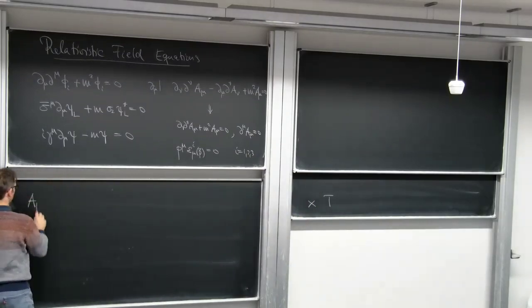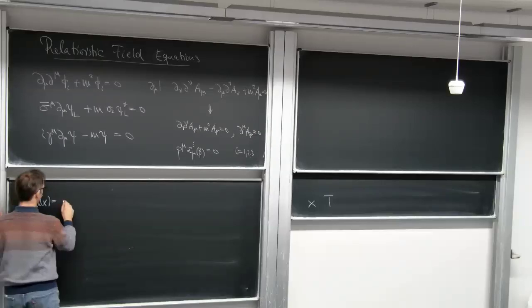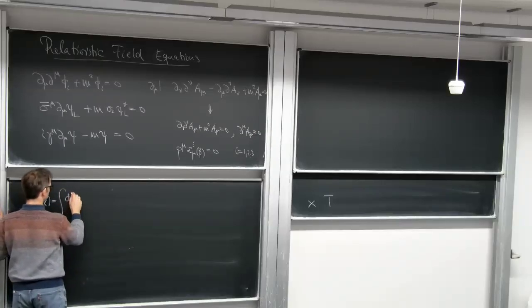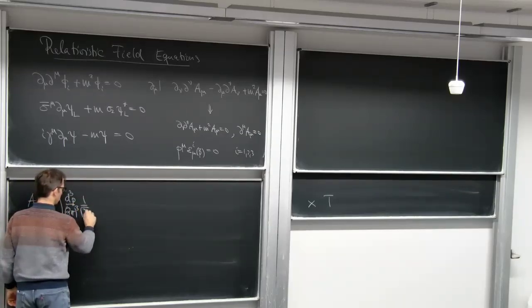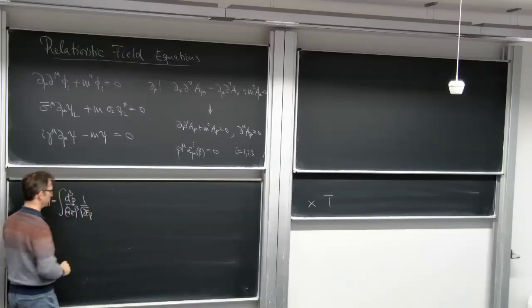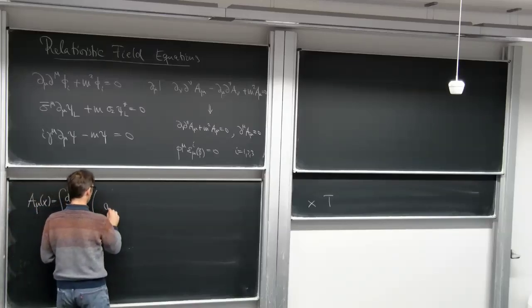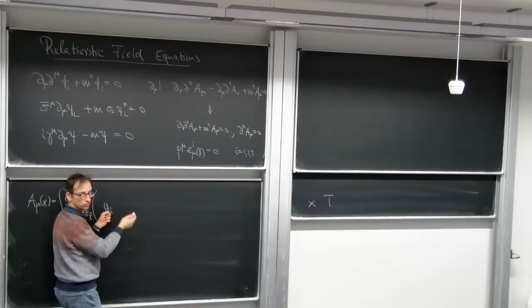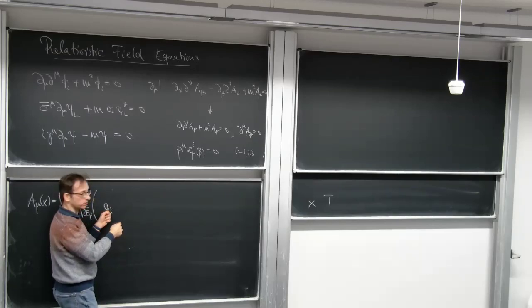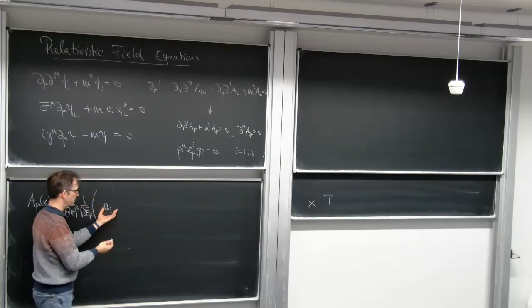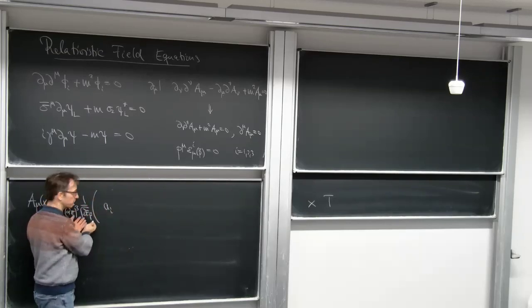Our A mu of x is integral d p pi 1 over square root. This is really just conventional. We have no idea why this is so. The reason why this is so is that later these, after quantization, will turn into oscillators, and they are properly normalized as ladder operators if we have all this junk in front.